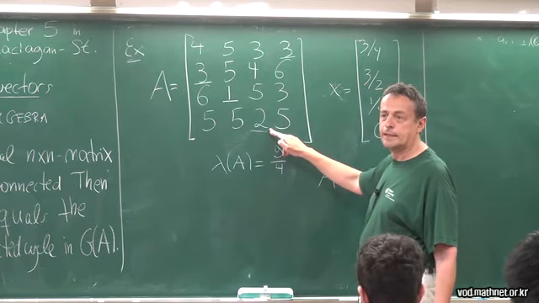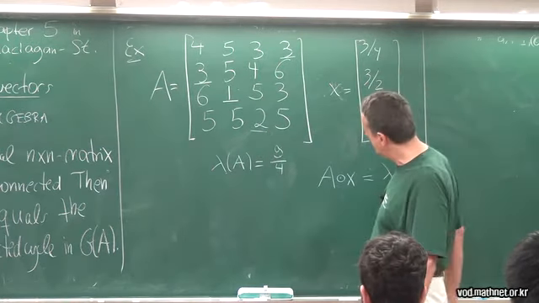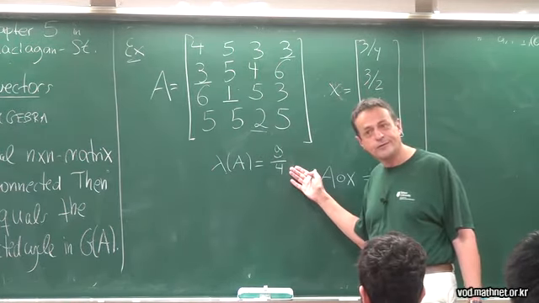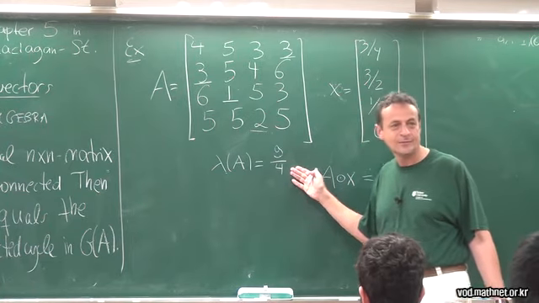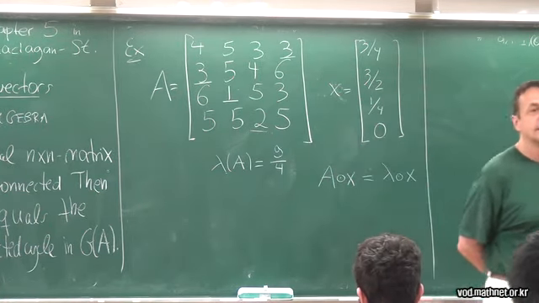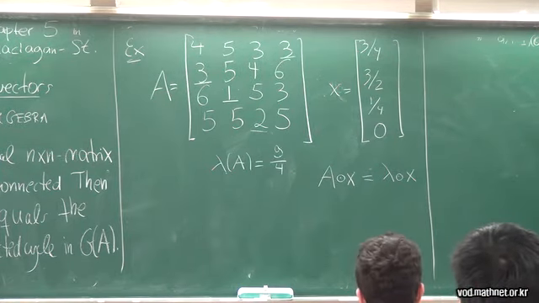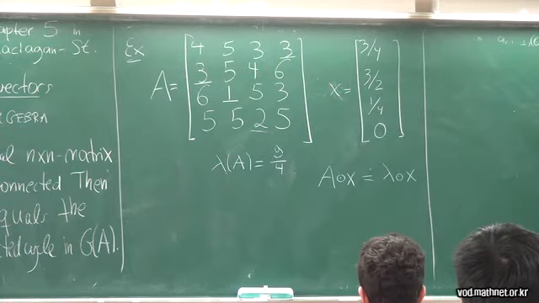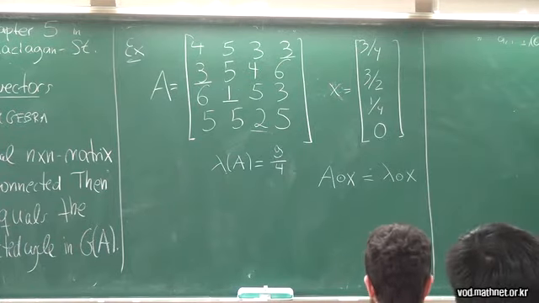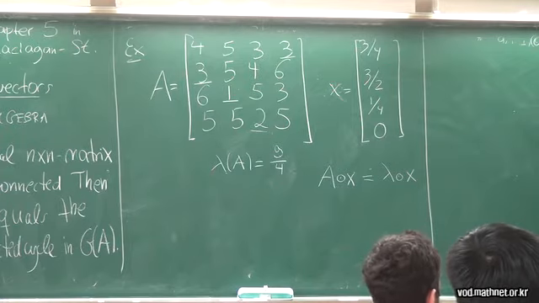Then the normalized length is 5 over 2, and that's bigger than 9 over 4. Agreed? Okay, so among all cycles in this directed graph, all cycles of either length 1 or 2 or 3 or 4, if we look at the normalized cycle length, 9/4 is the winner. And that is the eigenvalue of this matrix.